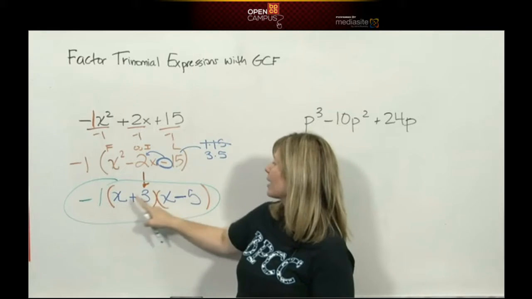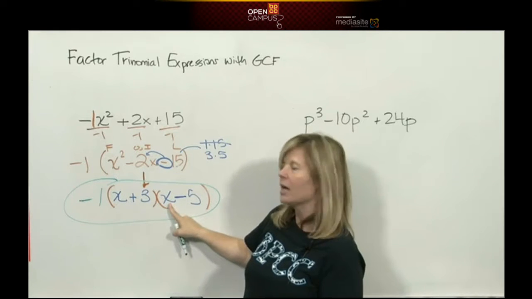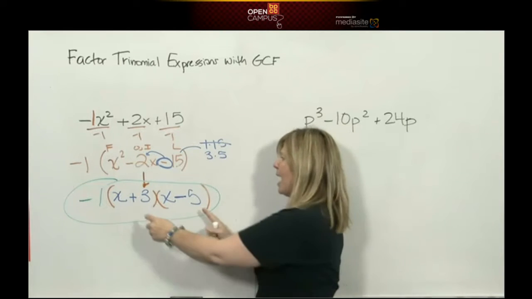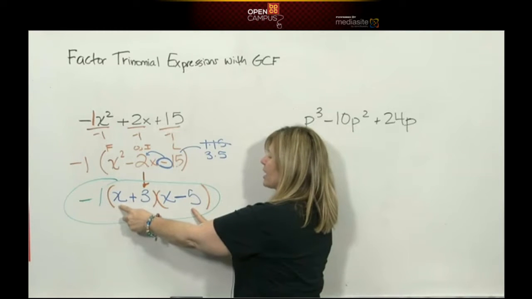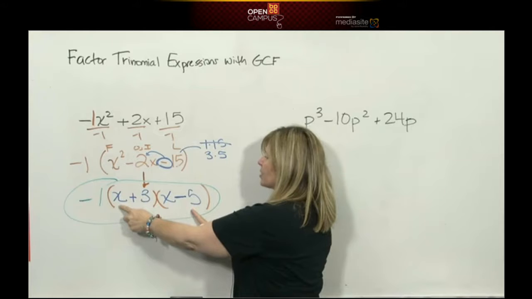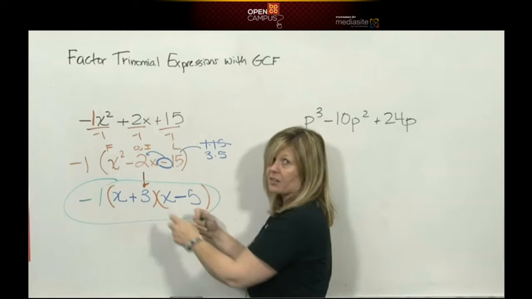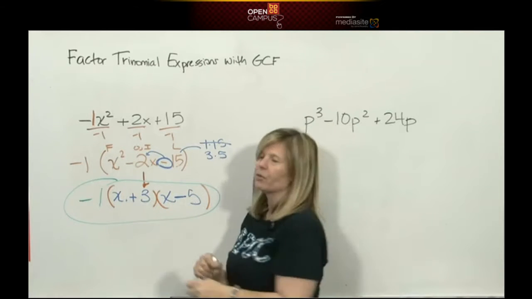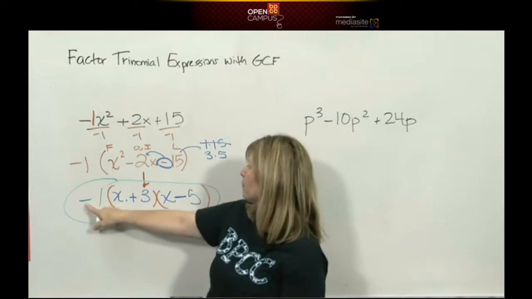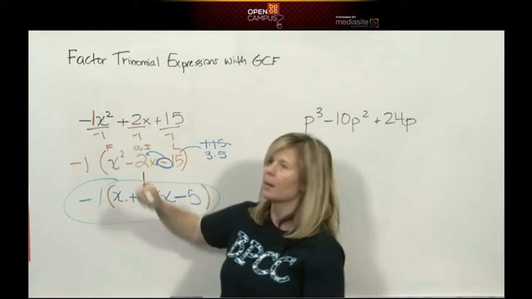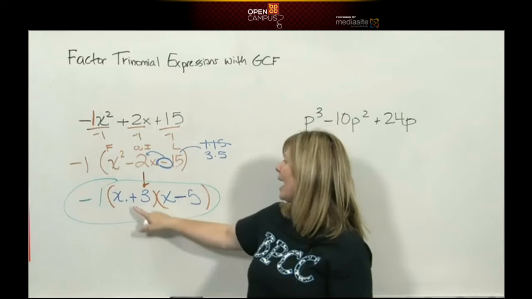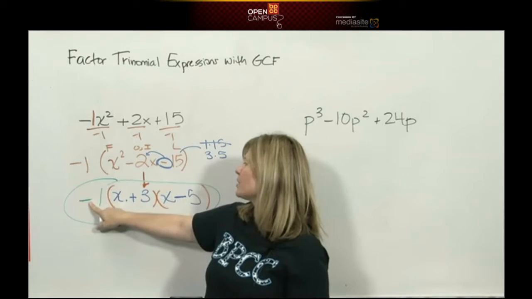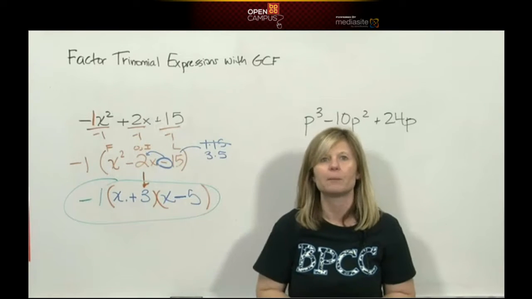Because check it, x times x would be x squared, and x squared times -1 would be -x squared. Outers, x times -5 is -5x. Inners, 3 times x is +3x. A -5x and a +3x would be a -2x, but times that by a -1, you'd get a +2x. Last, 3 times -5 is -15, but that times a -1 would be +15.